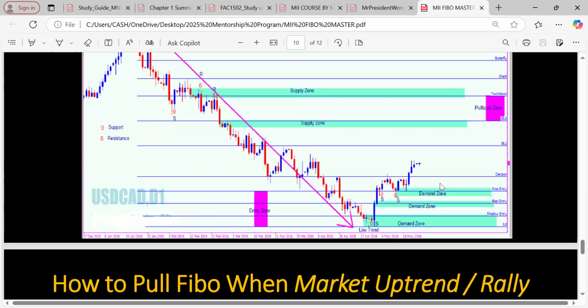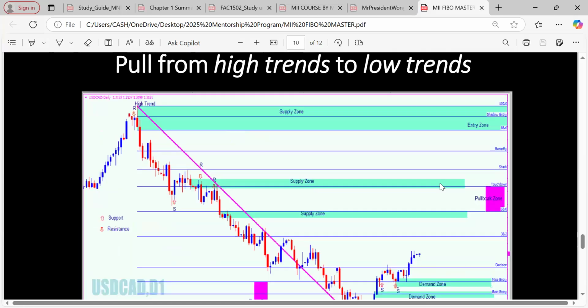The market has been moving on a downtrend, so what do we do? From the high towards the low. From the low, if we see an increase in price, because the market has been dropping, you mark the low and the high, and the price starts moving towards the 5 level, and you start seeing those head and shoulder patterns.